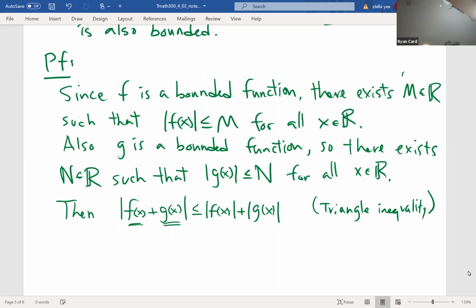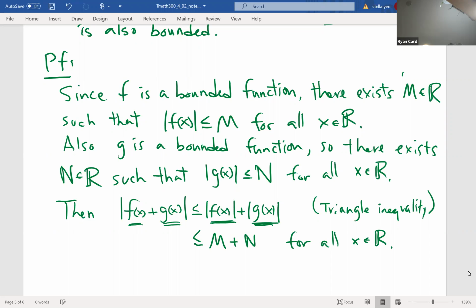Okay, but I know that this part is less than or equal to m, and I know that this part is less than or equal to n. So m plus n is at least as large as these two things added together. And this is true for all real numbers x. Okay.